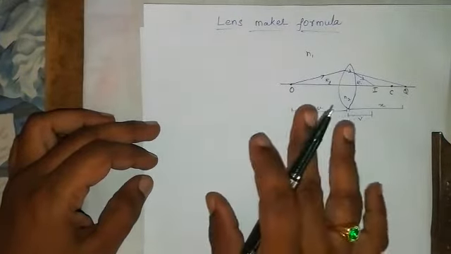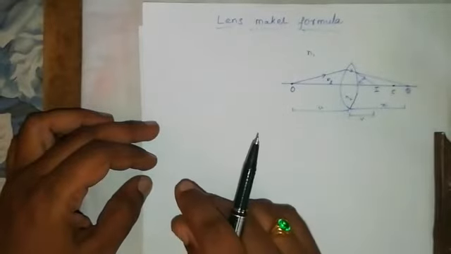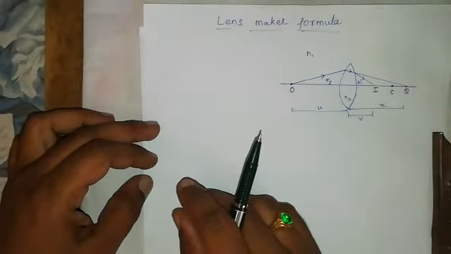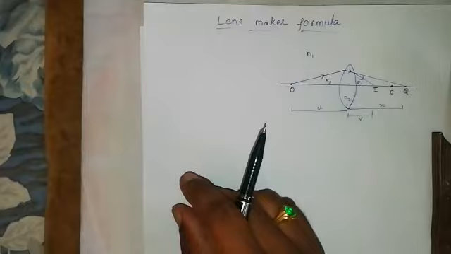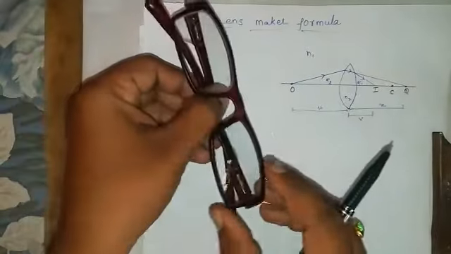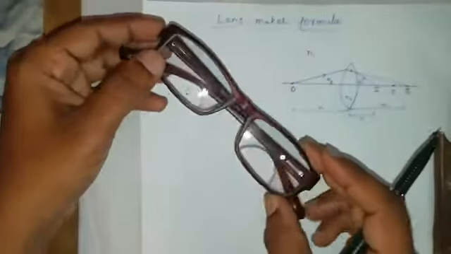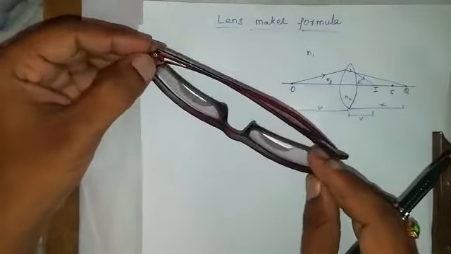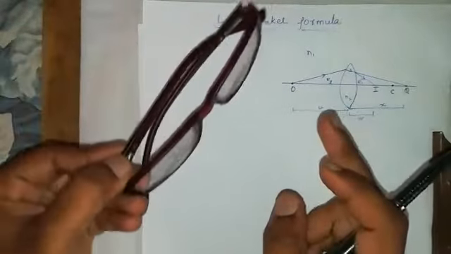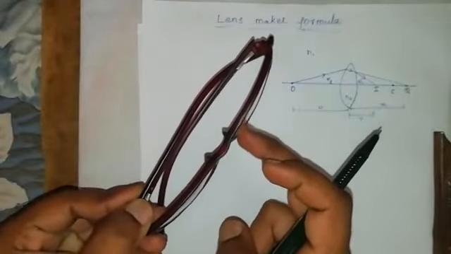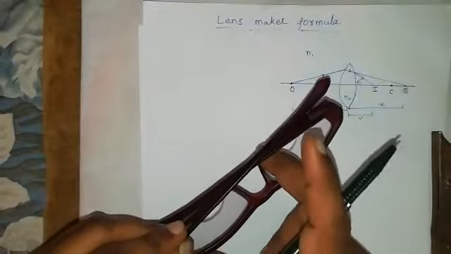If R1 and R2 are not equal in real life, for example, if we take spectacles, they will not have the same curved surface. The curved surface on this side and the curved surface on this side won't be the same. It's not a biconvex lens.